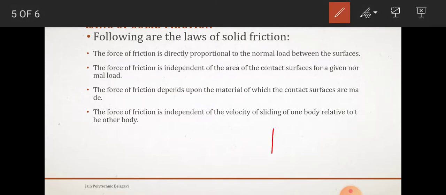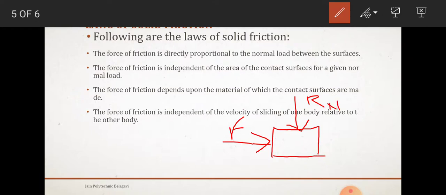For example, if I draw this body, this is the force applied on the body, and this is the normal force. So what it says is that the force of friction is directly proportional to this normal force, that is, F is directly proportional to Rn, where Rn is the normal force between the surfaces. This is what the first law states.